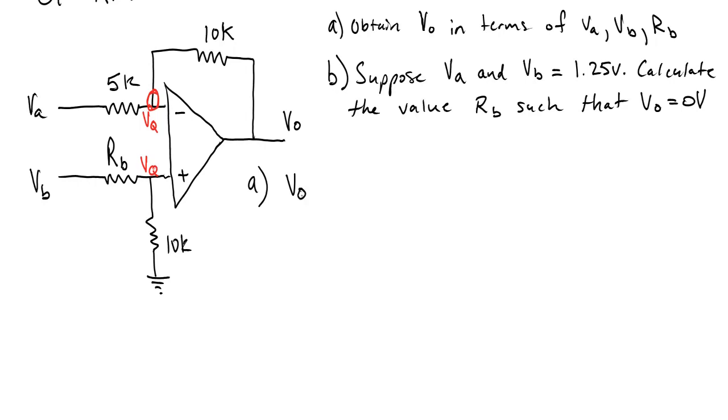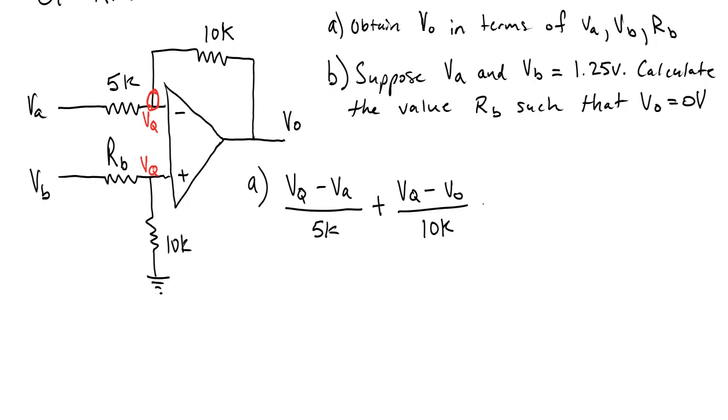VQ minus VA over 5K, this is the voltage across the 5K resistor. And then we want to go across the 10K. So we've got plus VQ minus VO over 10K.